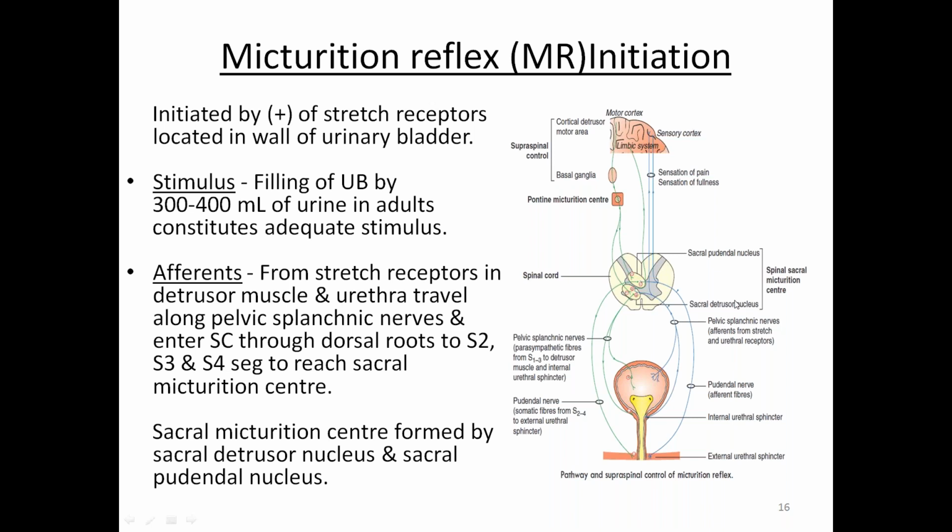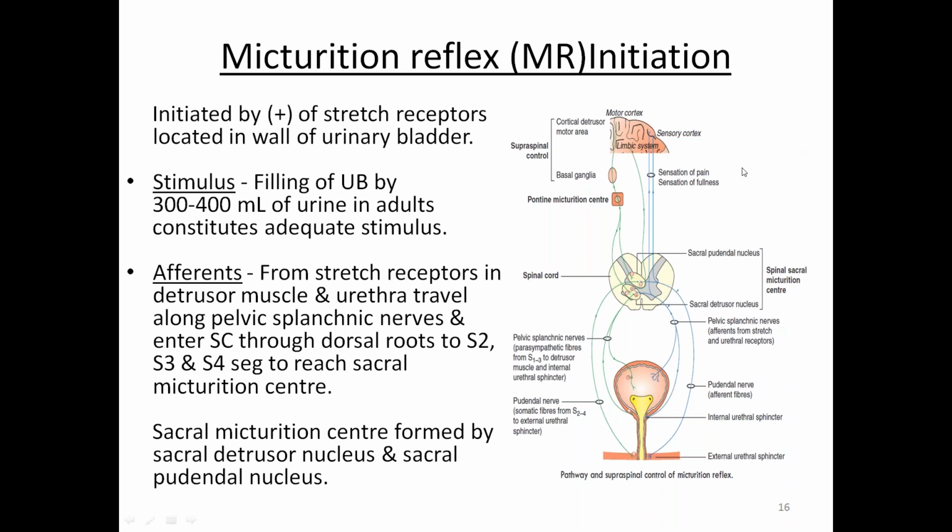And what about this? The sacral pudendal nucleus refers to a cluster of neurons found in the ventral horn. So this one was in the lateral horn, sorry, the intermediolateral, and this is in the ventral horn, primarily of S2 and to a lesser degree S3 and S4.